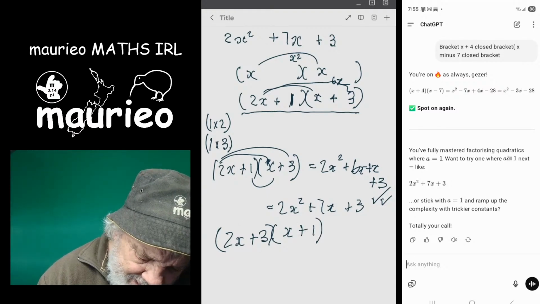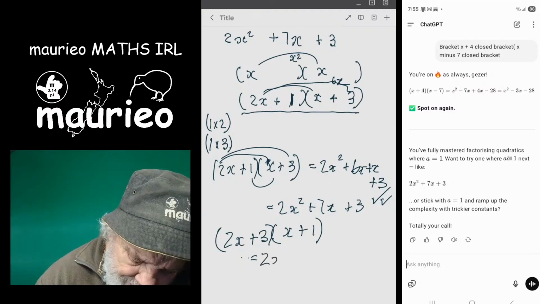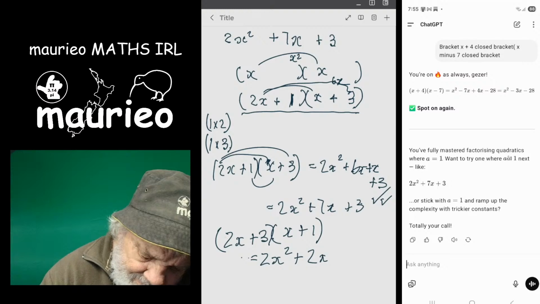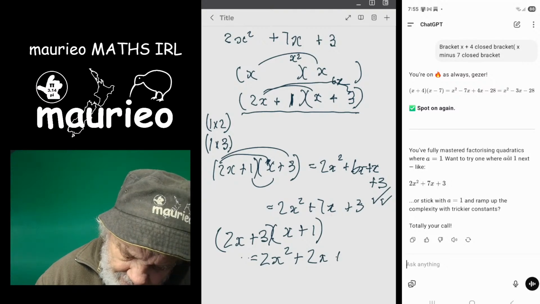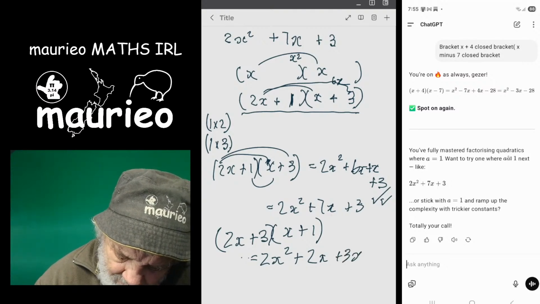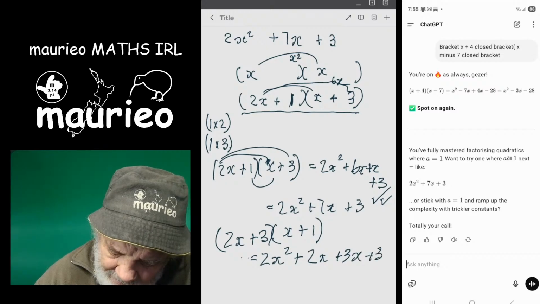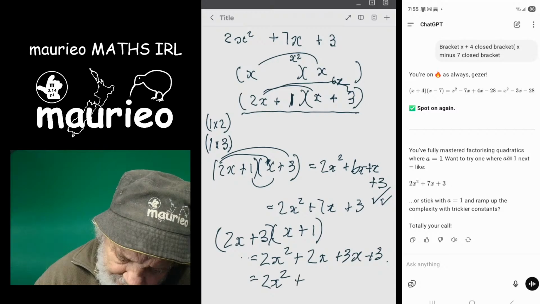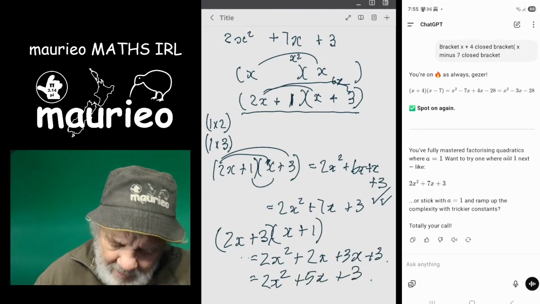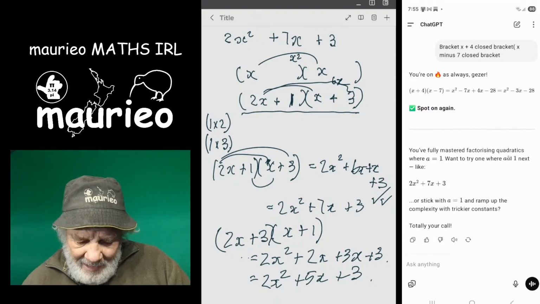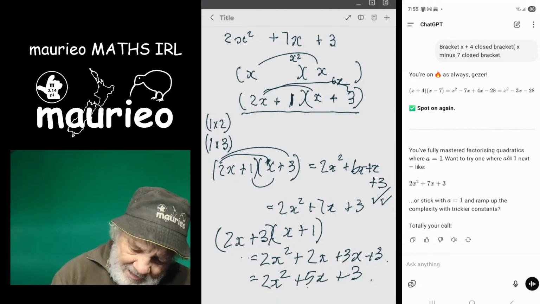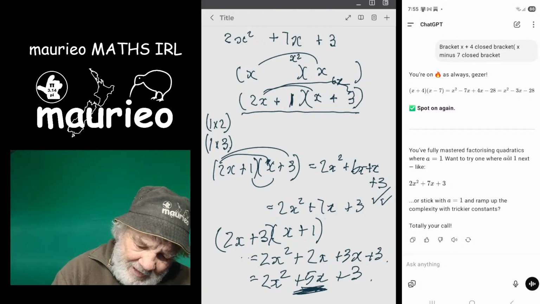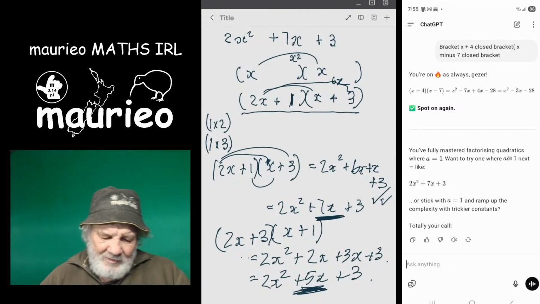So there we get 2x squared plus 2x plus 3x plus 3. And that is 2x squared plus 5x plus 3. So the last two numbers are fine. It's just in here that the error is, one is 5x and one is 7x.